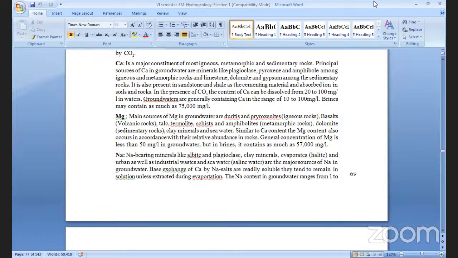If they are dissolved in seawater, definitely magnesium will be there. Generally, the concentration of magnesium should be less than 50 milligrams per liter in groundwater, but in brine waters it is almost 57,000 milligrams per liter.